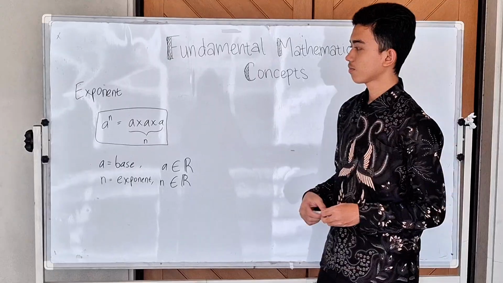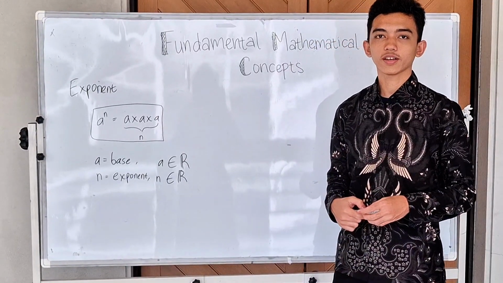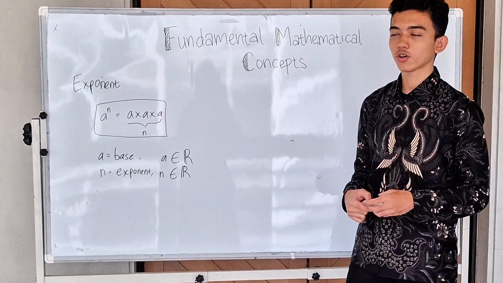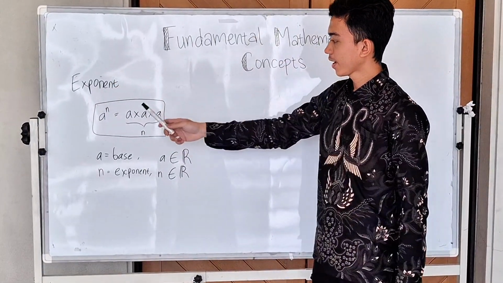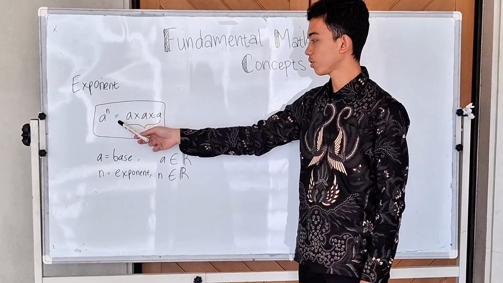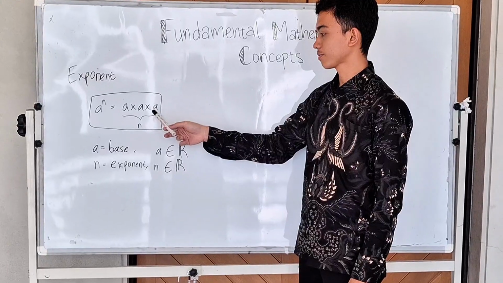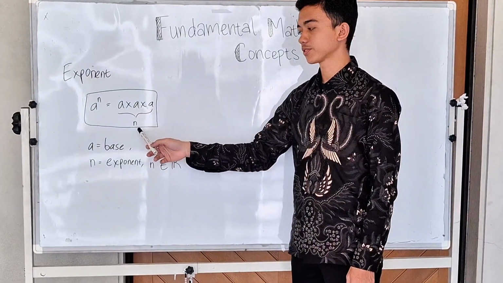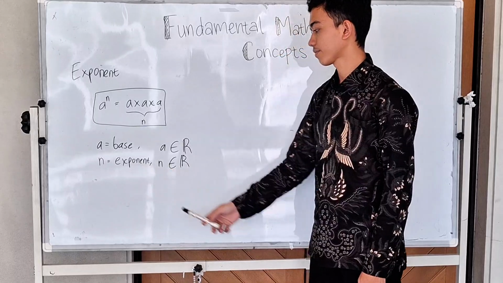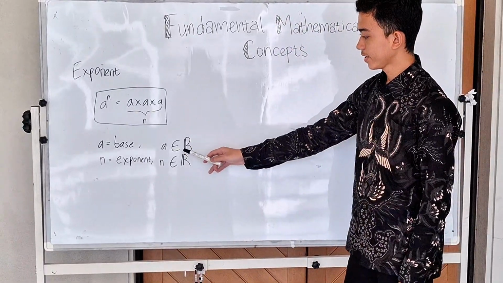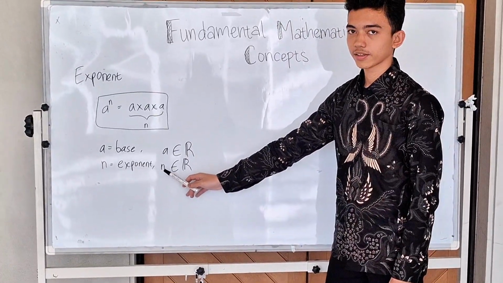Now I will explain about exponent. What is exponent? Exponent is the repeated multiplication of a number. The general form of exponent: a to the power n equals a times a times a, n times, with a for base and n for exponent, where a is a real number and n is a real number.